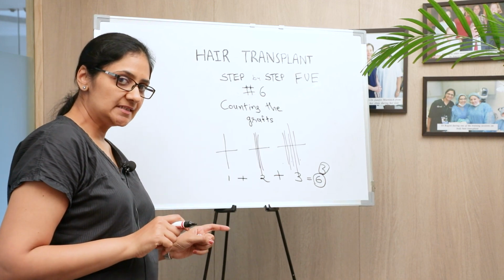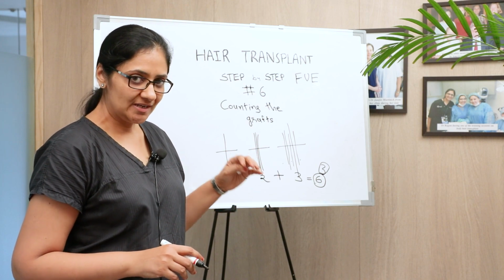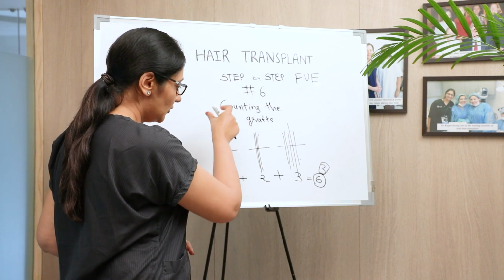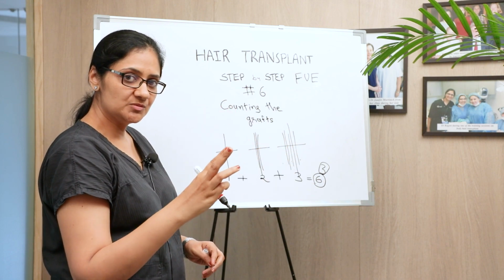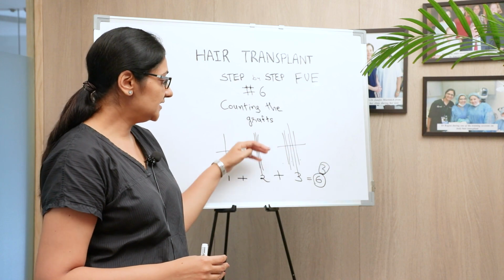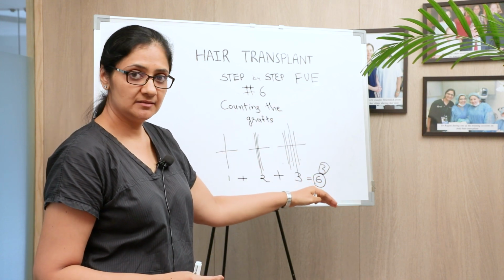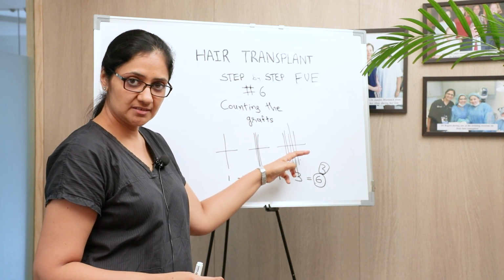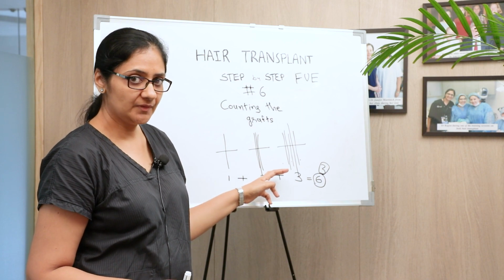Now there is a little technical difference here. Every time the attempt to extract was performed, you take out 1 graft each. So there were 3 attempts performed and you got 3 grafts. But then out of these 3 grafts, if you dissect them and make 6, these are the 6 hairs present inside these 3 grafts.